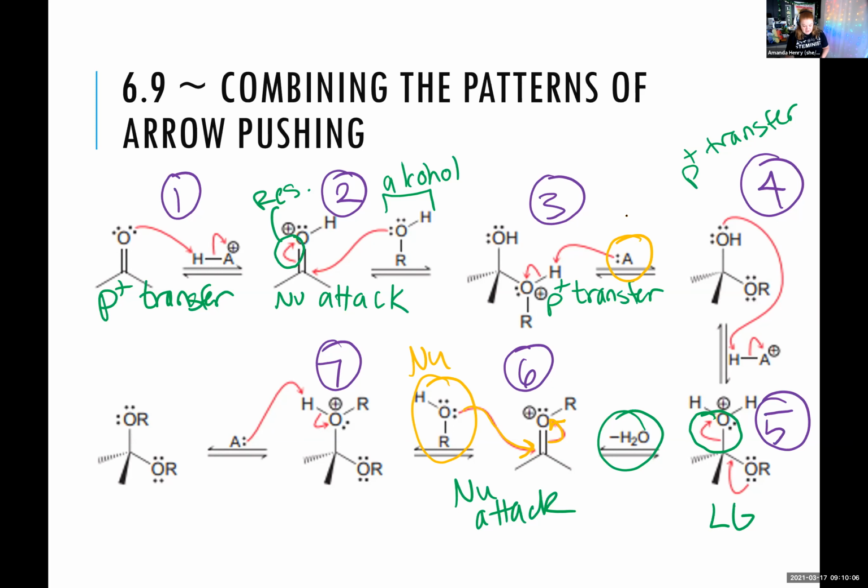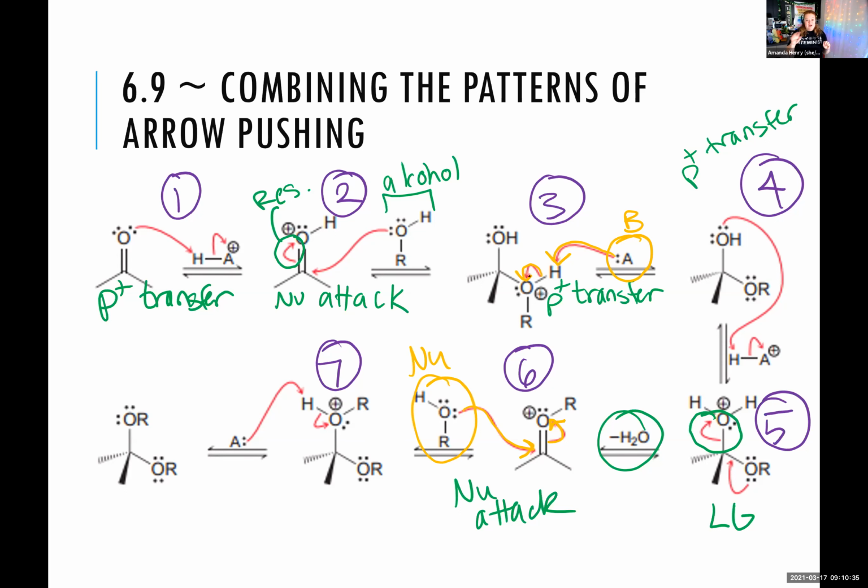Here's our base. So that's the conjugate base of the acid that we started with. It's forming a new bond to a hydrogen, and that old bond has to break. So when we're doing a nucleophilic attack, everything is happening at a carbon. And when we're doing a proton transfer, everything is happening at a hydrogen. But they're both still forming new bonds and breaking old bonds. It's just whether we're focusing on the carbon or on a hydrogen. So they are super similar.